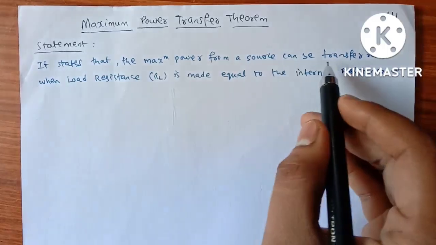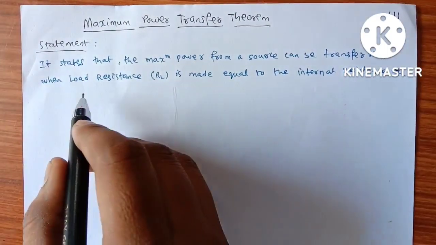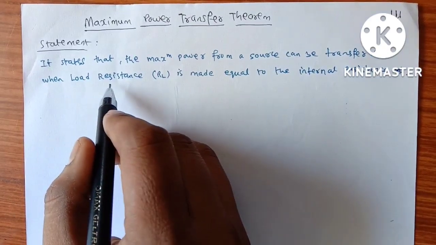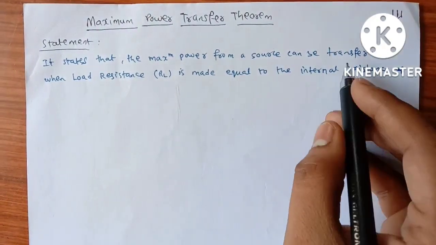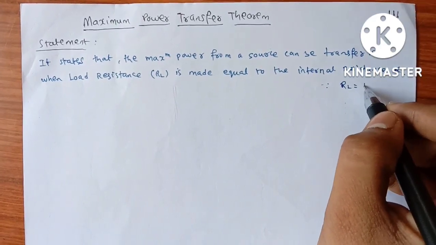So from the statement, the maximum power is transferred to the circuit when the load resistance is equal to the internal resistance. Hence RL is equal to internal resistance.